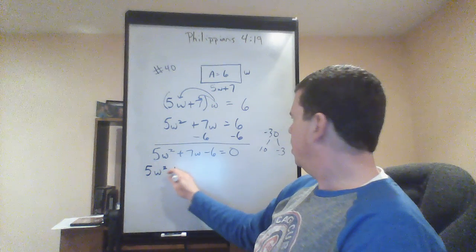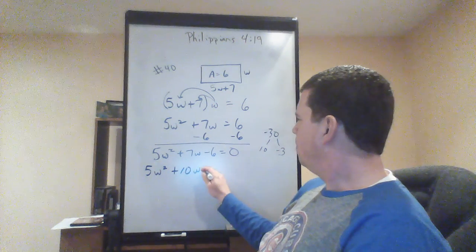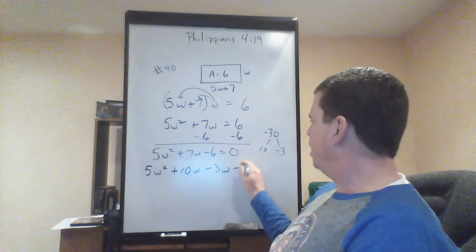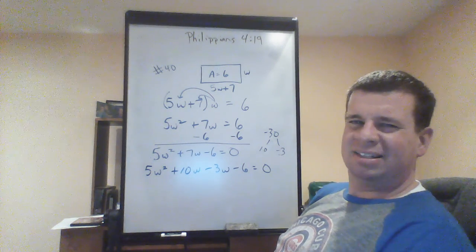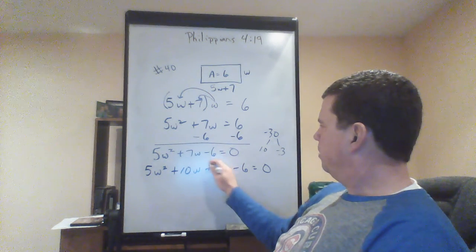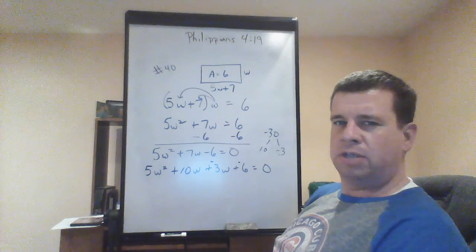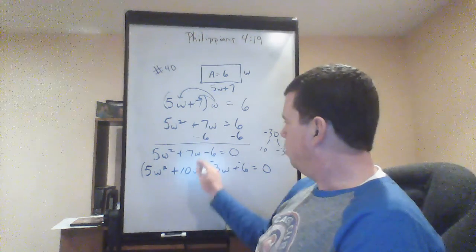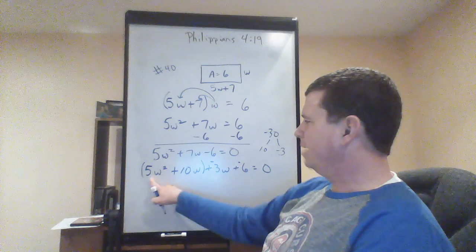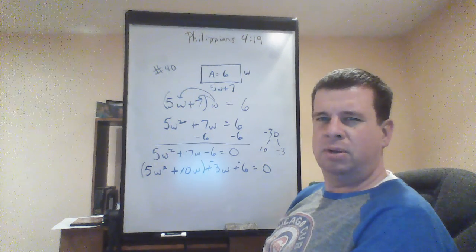All right, so 5W squared plus 10W minus 3W minus 6 equals 0. And again, I'm going to change those to plus negative. I really want to keep those negative signs there. I group them, and now I factor 5W squared plus 10W.